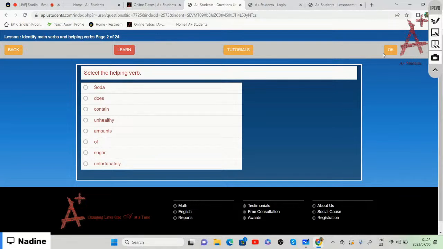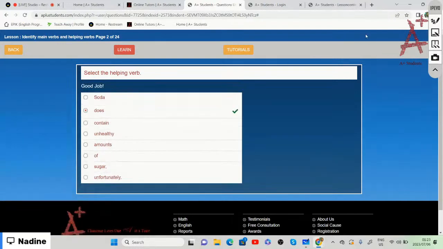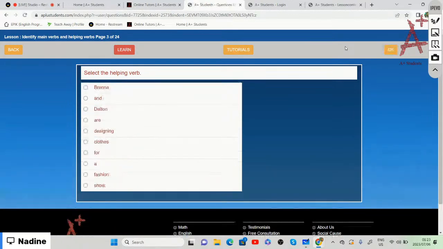All right, so if we want to make it a bit easier for us, we can identify the main verb, which is contain, right? And we remember we said that the helping verb comes in front of the main verb. So then we choose does contain, right? Does contain.